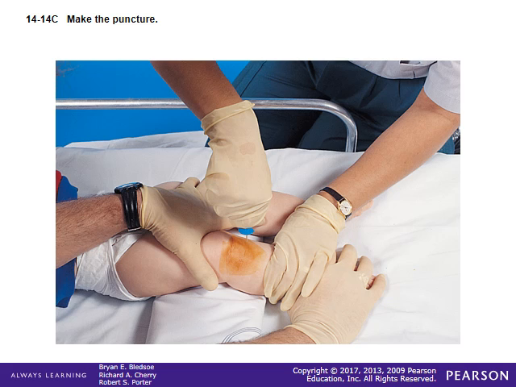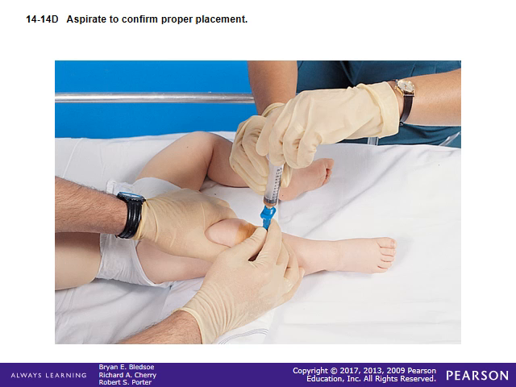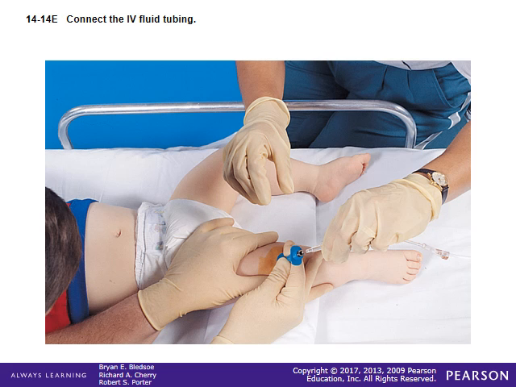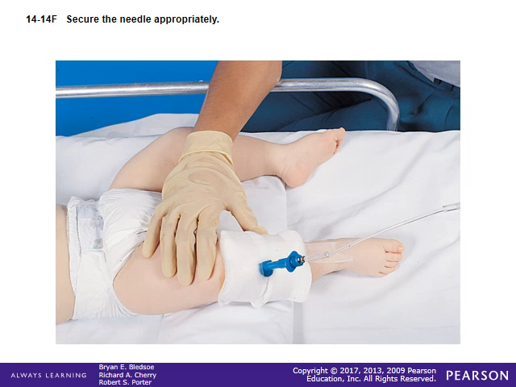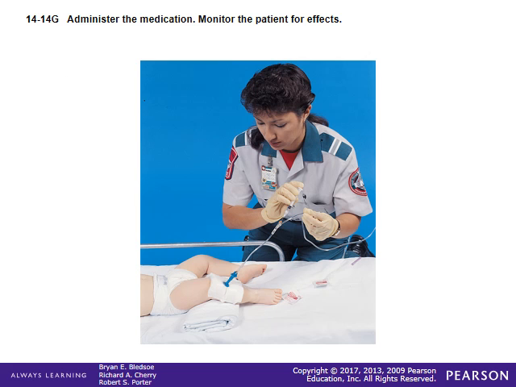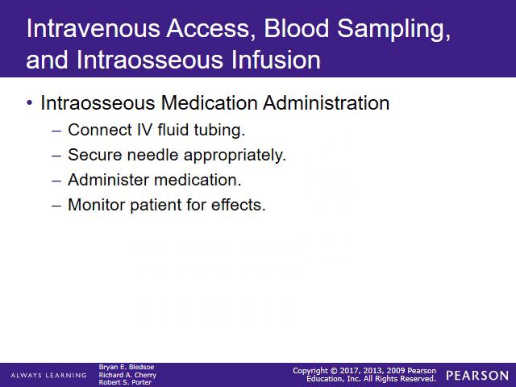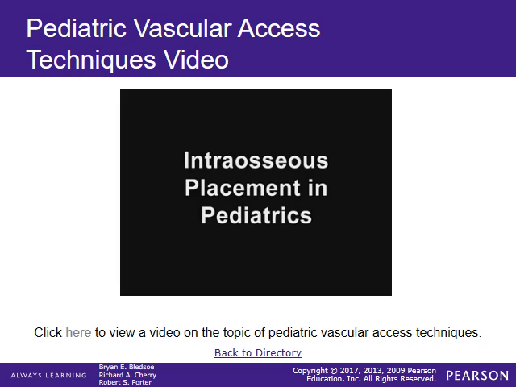Usually this takes a gradual push with a twisting motion to make sure it goes into the bone cleanly. It's not uncommon to push too hard, and you can potentially bend the needle. Aspirate to confirm placement and connect the IV tubing once you have it. Make sure the needle gets secured and the site is kept clean. Administer any medications and monitor the patient for the effects of those.